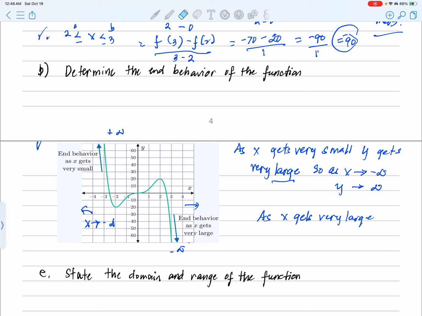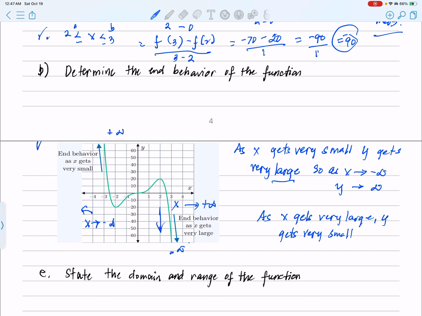While as x, the other side, as x gets very large, as our x approaches positive infinity, what happened to our y here? Okay, y gets very small. Why very small? Because you see that the function is negative.